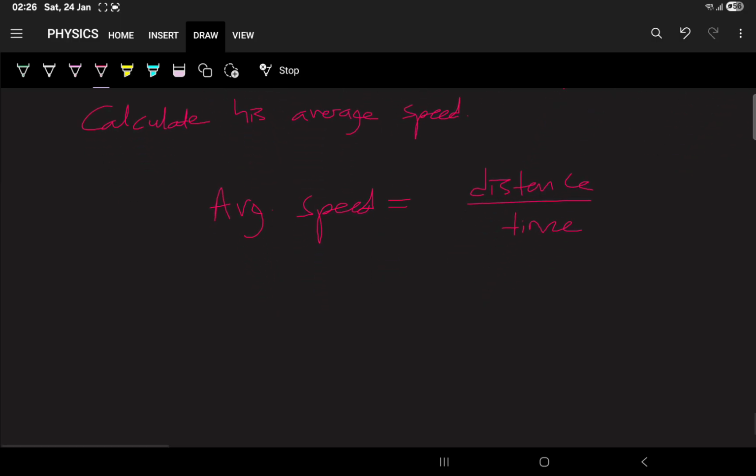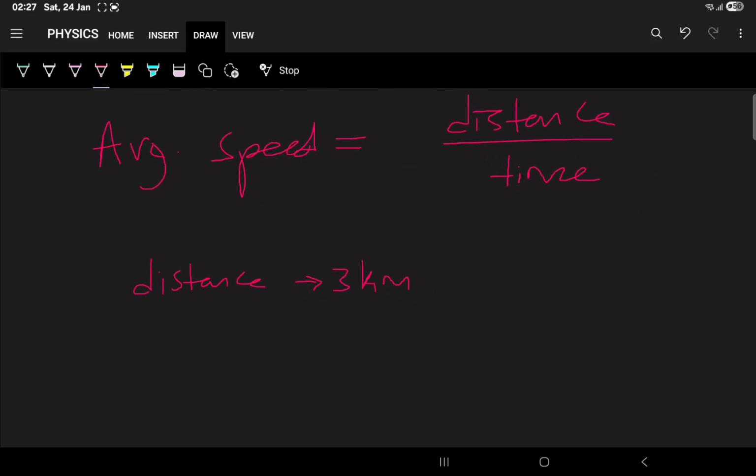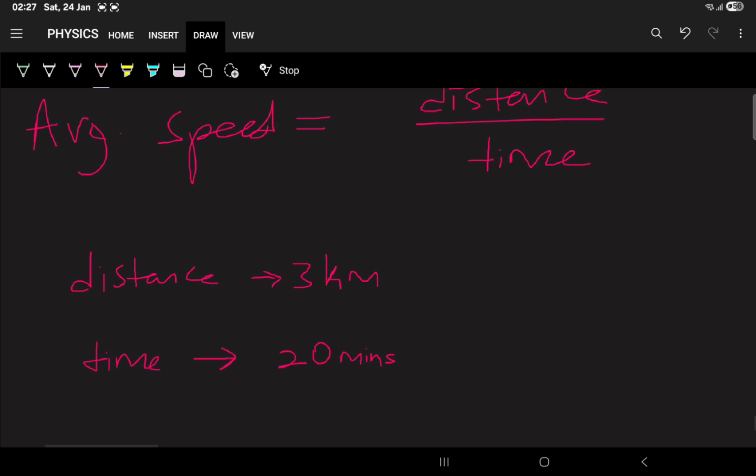Now, our distance here is given as 3 kilometers. Our time is given in minutes, 20 minutes. Now, in this calculation, you want to take note of their units.